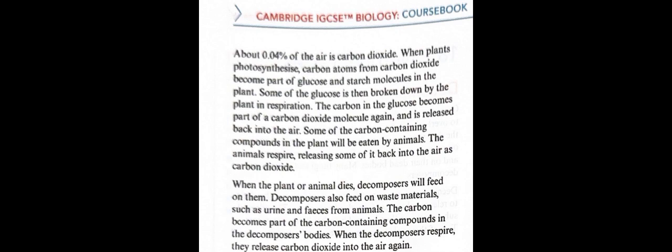So, when plants photosynthesize, the carbon atom from carbon dioxide becomes part of the glucose and starch molecules in the plant. Some of the glucose is then broken down by the plants in respiration. The carbon in the glucose becomes part of a carbon dioxide molecule again. Simply put, plants make glucose as their food.